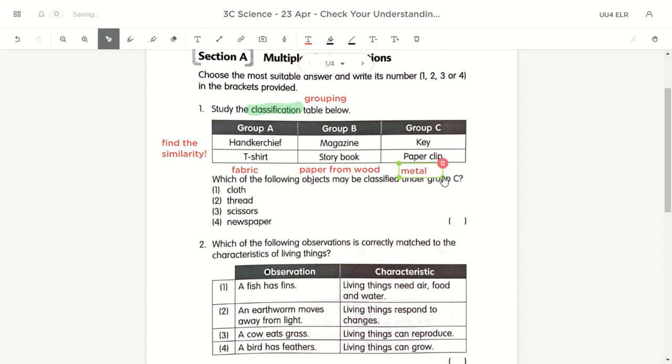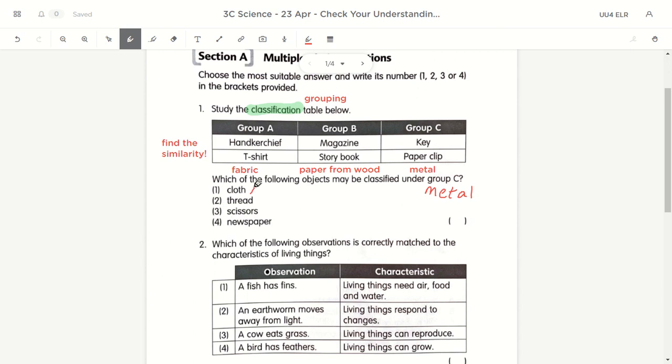So you realize that the classification here is based on the material they are made from. So these two made from fabric, these two made from paper, which is from wood, and these two made from metal. So which of the following objects can be classified under group C, which is things that are made from metal? So I want to find the things that are made from metal.